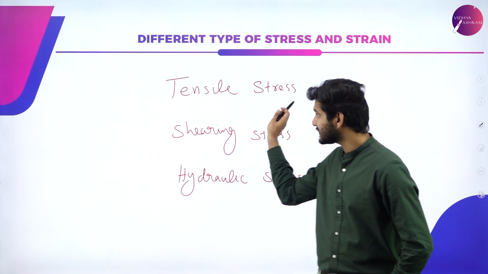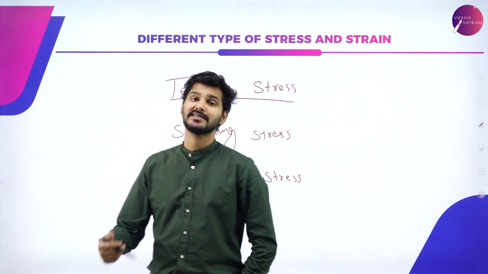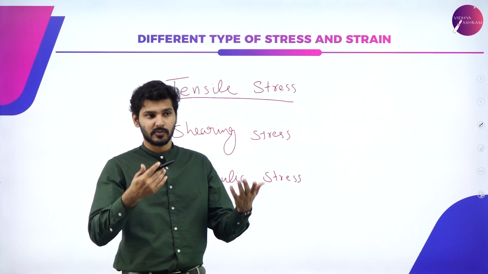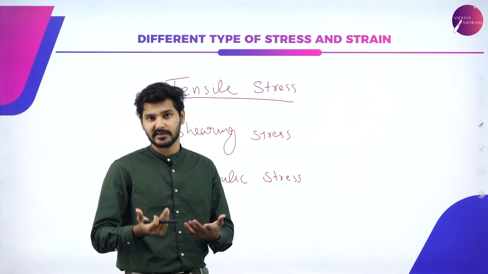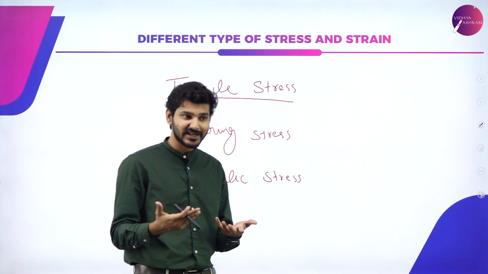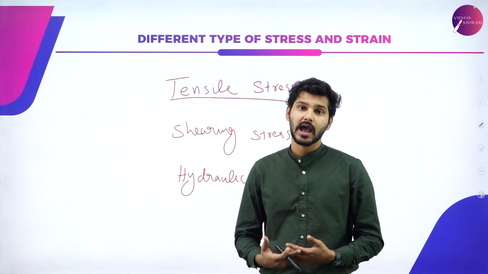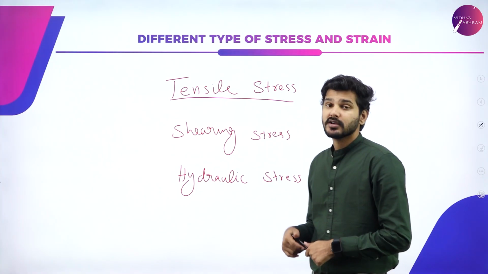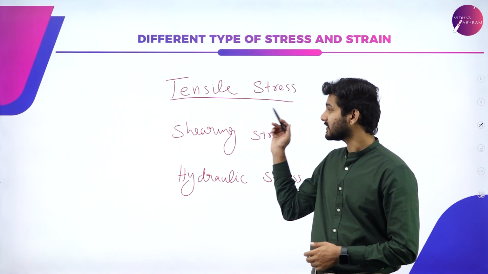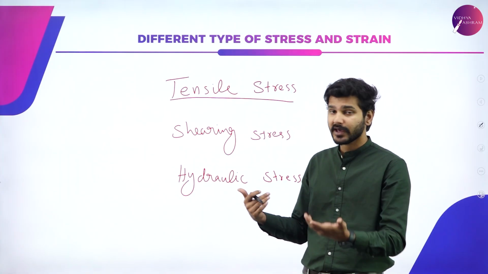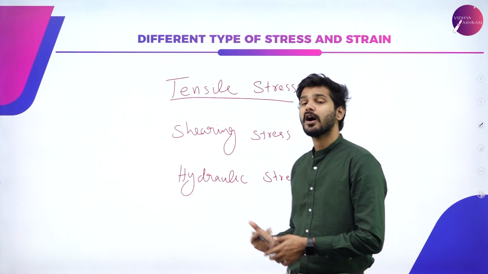You might have heard the term tensile strength a lot. It is used in steel industries, and mostly if you have any steel threads or ropes, you measure them in terms of tensile strength, how much stress they can bear. So tensile stress is a much more common word to us compared to shearing stress and hydraulic stress.